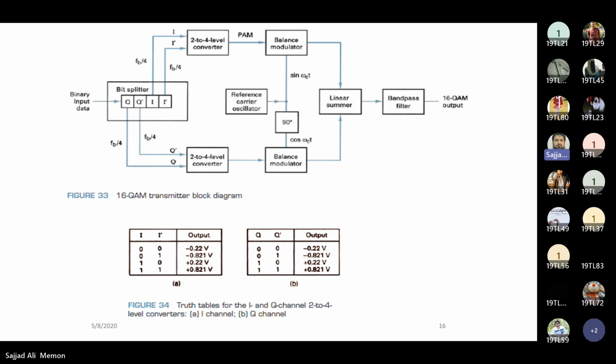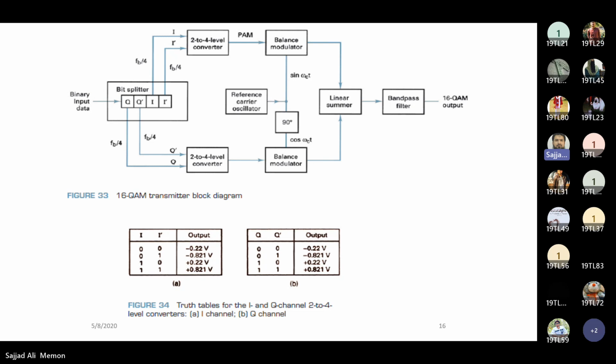So the outputs can be minus 0.22 sin omega ct plus minus 0.22 cos omega ct, or plus minus 0.821 sin omega ct plus minus 0.821 cos omega ct, or plus minus 0.22 sin omega ct plus minus 0.821 cos omega ct, plus minus 0.821 sin omega ct plus minus 0.821 cos omega ct.